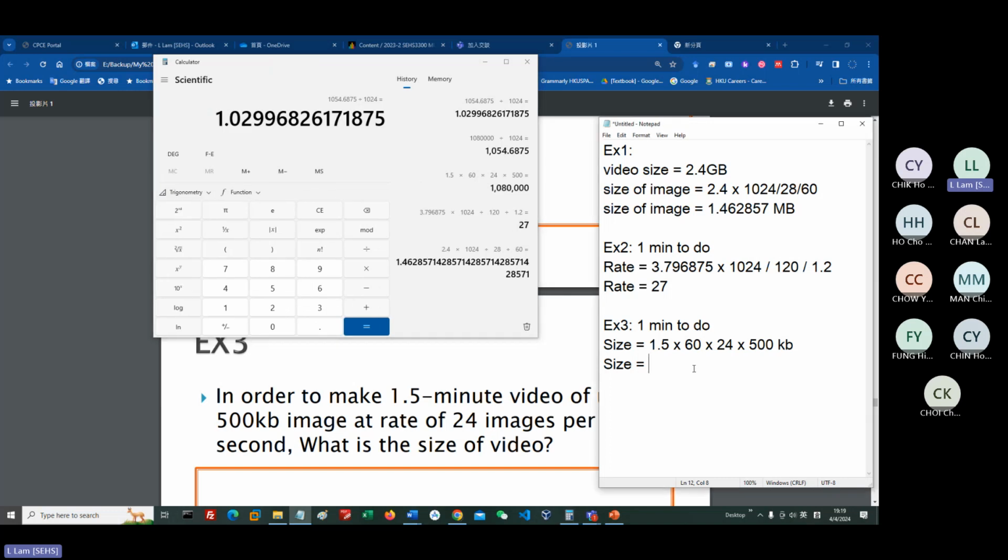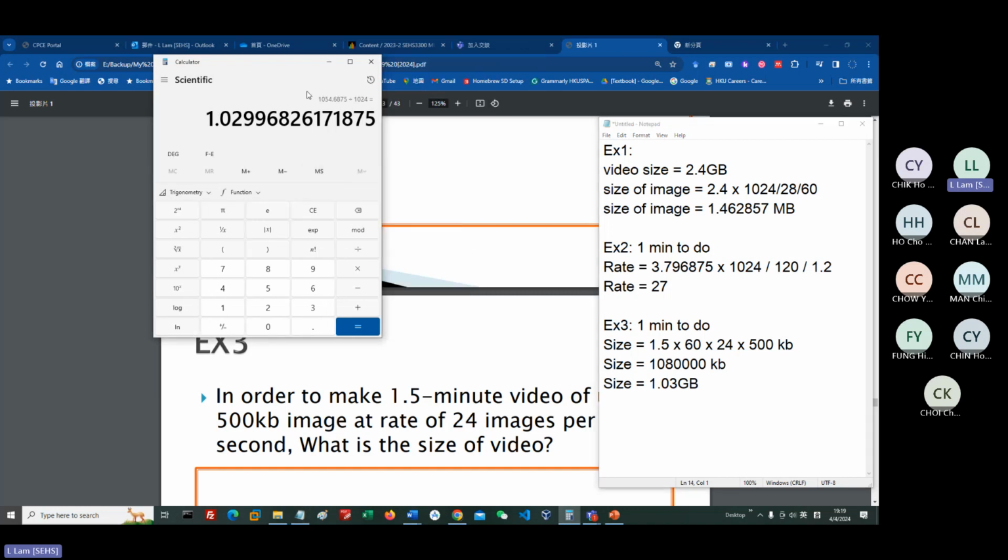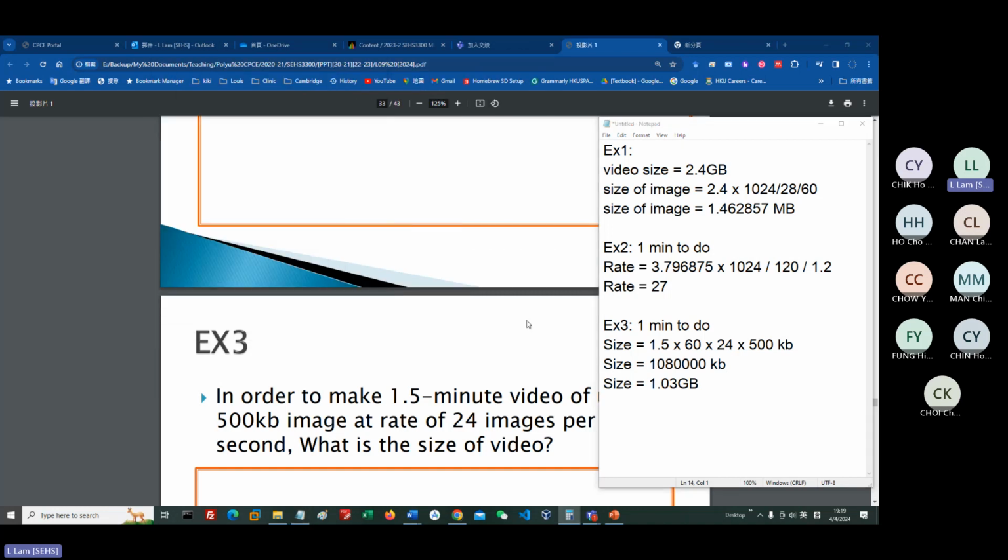So the original size there is in KB, and then you can turn it into 1.0 or 1.3 gigabyte, something like this. So this is the way that you can do the conversion if you like, so that the number can be smaller.